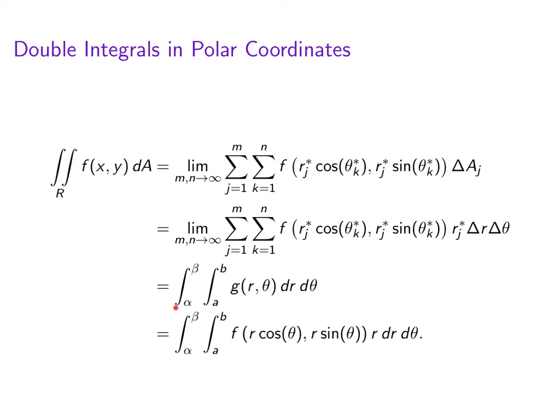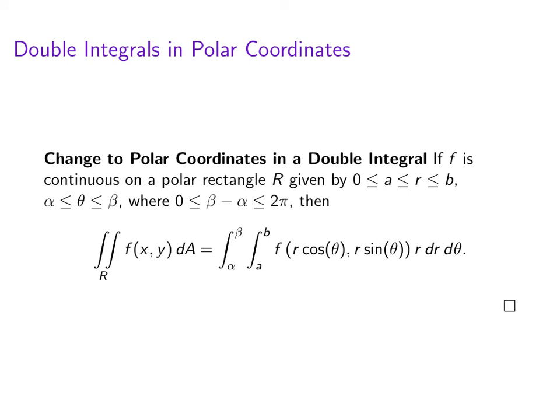That's just the definition of a limit of a Riemann sum. But now the important part is that we end up with an expression that looks like this. It's a double integral of f of (r cosine theta, r sine theta) r dr d theta. Notice this r in here.